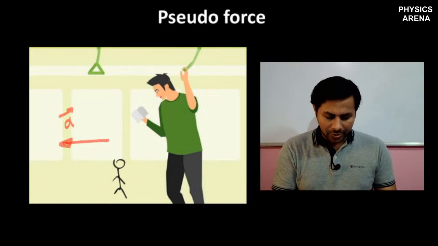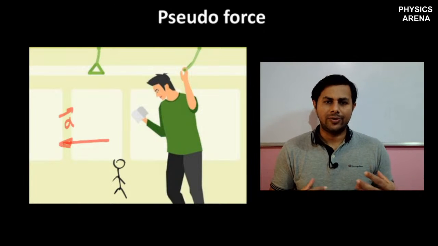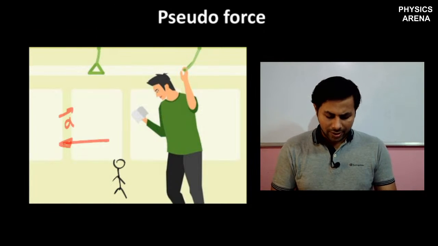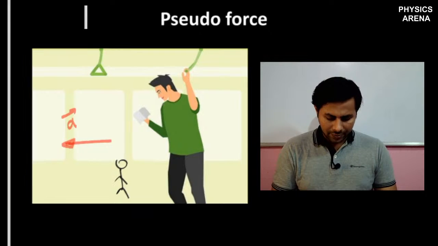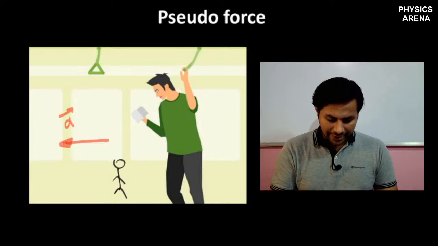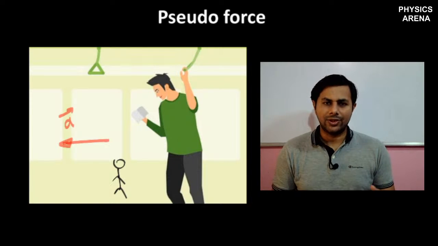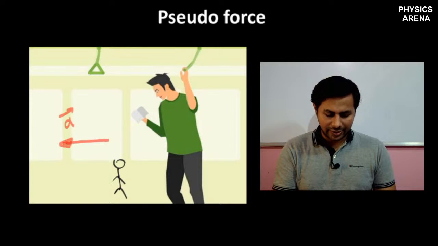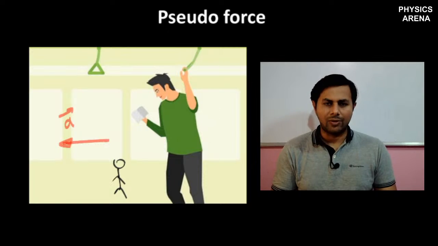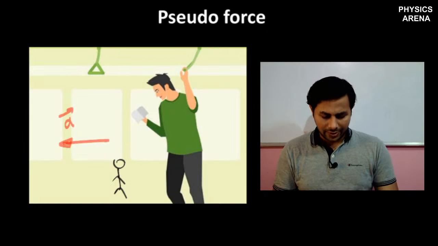So to explain this motion, the concept of pseudo force comes in. The forces acting on this man seem to be balanced. One force is gravity, which acts downwards, and the other is the normal reaction due to the floor of the bus, which acts upwards.